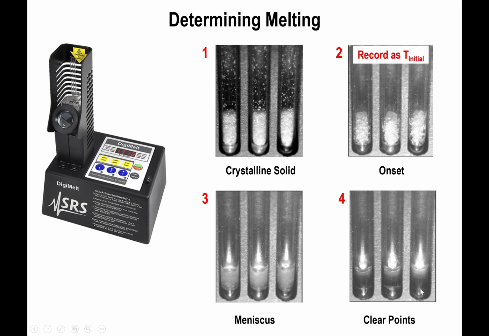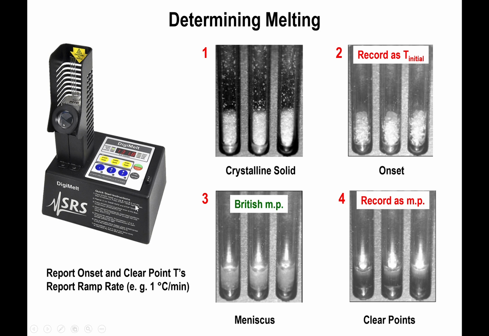And traditionally, you report the range. You report the point where the onset begins to happen, that's the initial temperature, and you also report the point where the clear point finally appears. Now, if you were in the UK, you would record the onset and the meniscus as your range, but in the US, we go with the onset and the clear point.